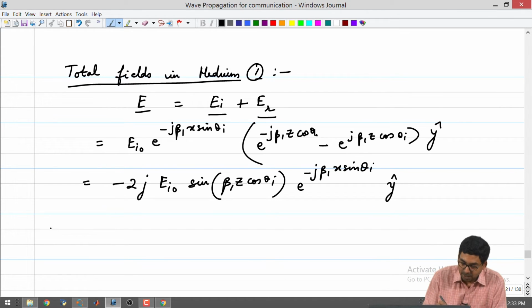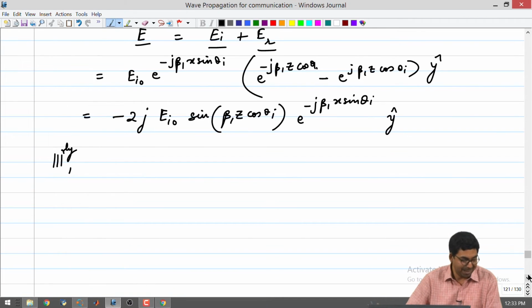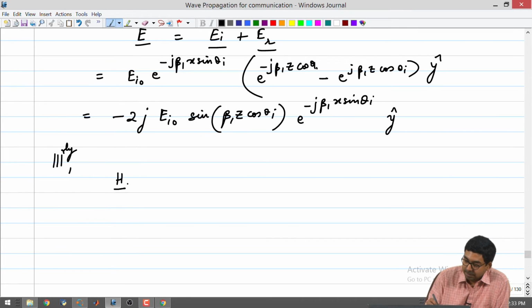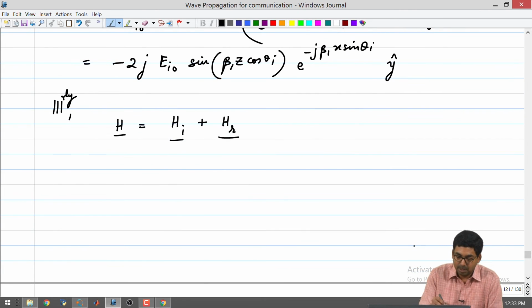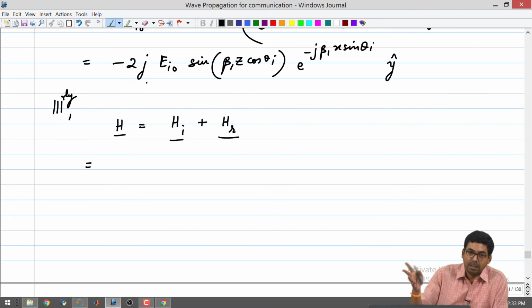Similarly, you can also write down the expressions for the magnetic field. You can always say that the total field is equal to Hi plus Hr. It is a very lengthy expression, and it involves grouping the z terms and applying Euler's theorem to take the difference or the sum between the two exponentials. I will just write it down, then we will talk about it.